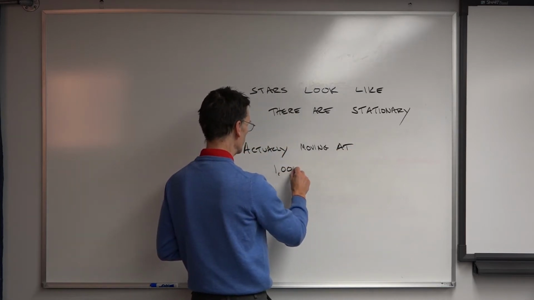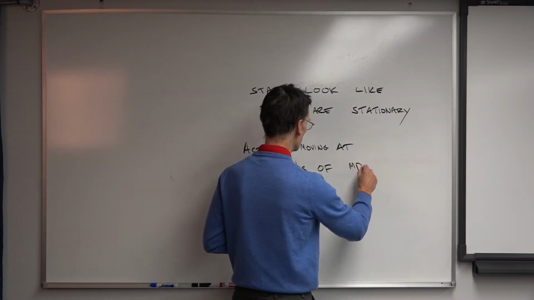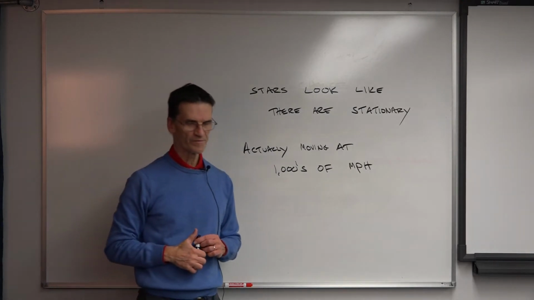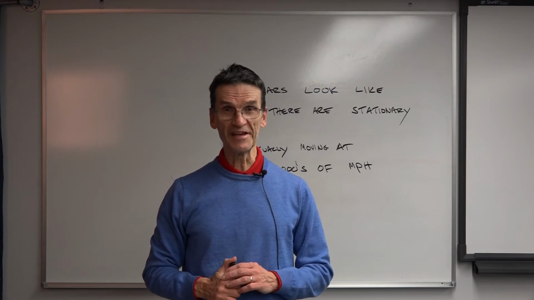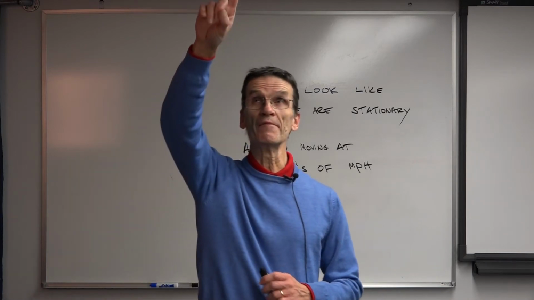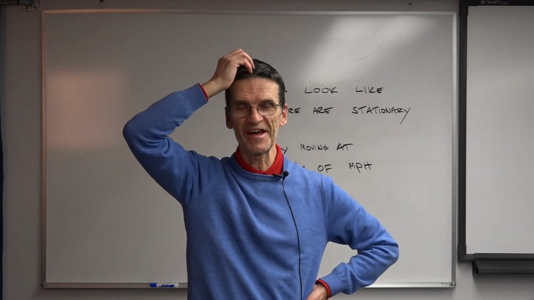They're actually moving at thousands of miles per hour. More often, it's tens of thousands of miles an hour. So that star you might be pointing to may be moving at 70,000 miles an hour.